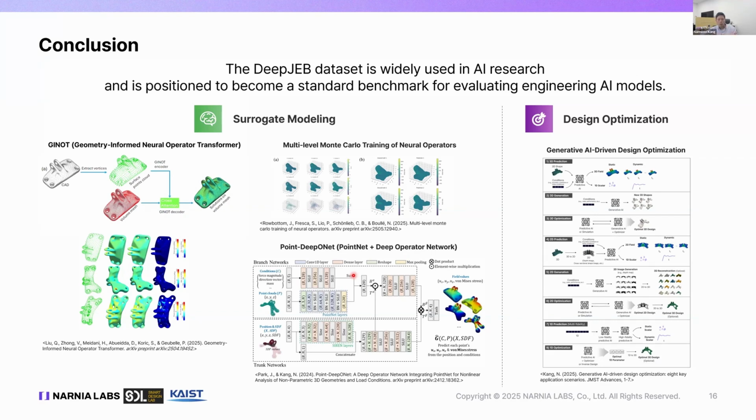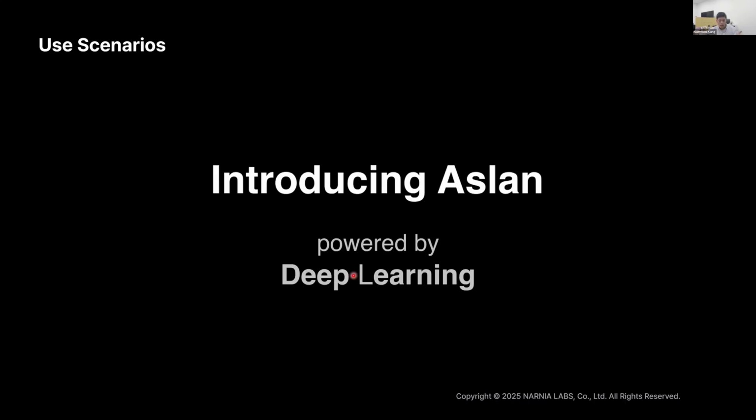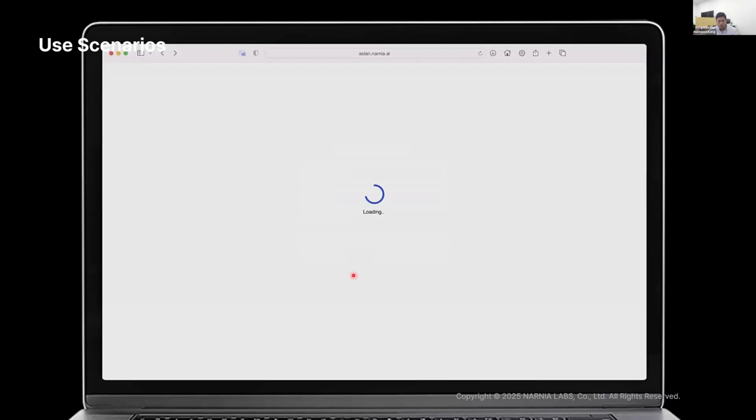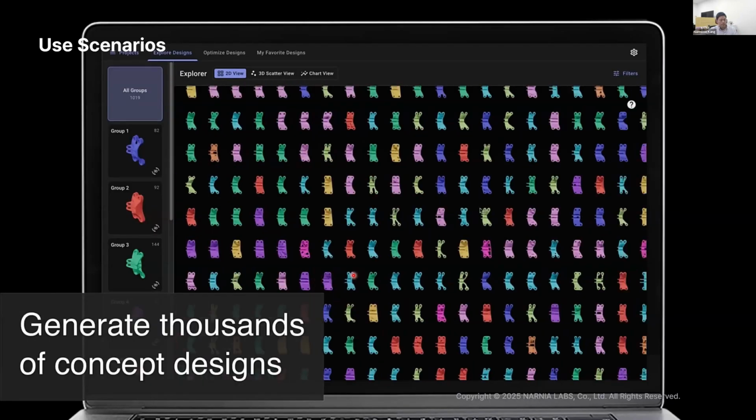So it is well positioned to become a standard benchmark for evaluating engineering AI models, opening up new research areas like generative AI. The potential applications are extensive. With DeepJEB, we can implement an AI-driven design process. Let's take a look at the video.